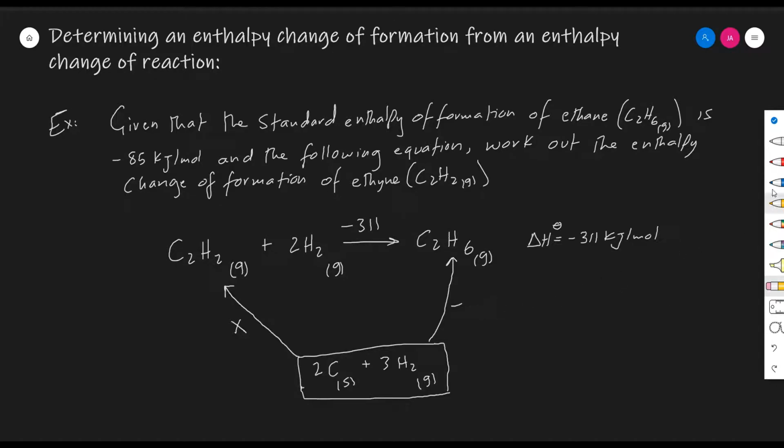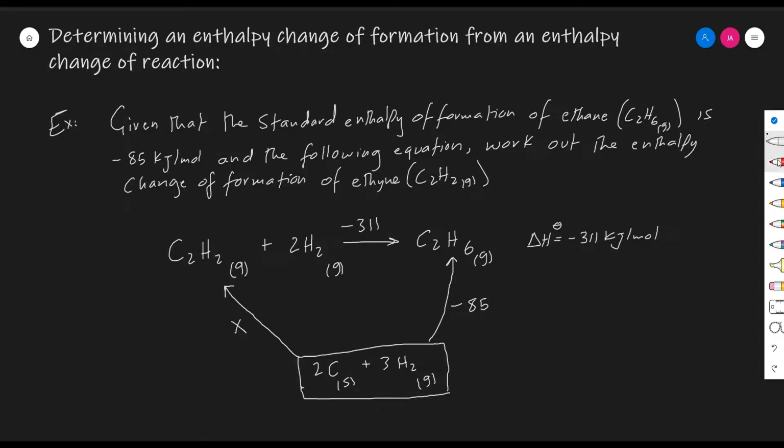The ratios are 1 mole for ethane and 1 mole for ethane. The hydrogen gas here is already in its pure elemental form, and thus its enthalpy change of formation would be 0, and that's why no value or arrow will be added.